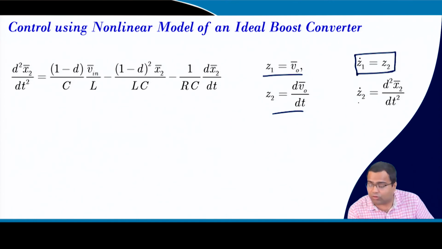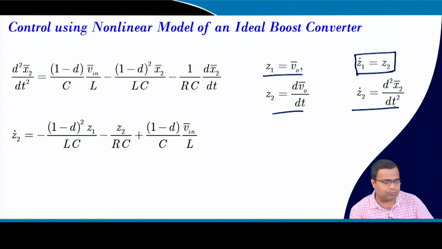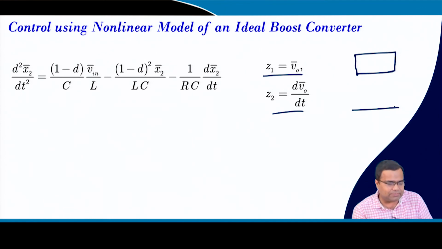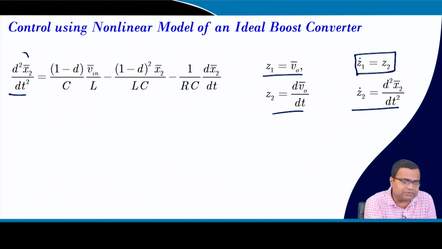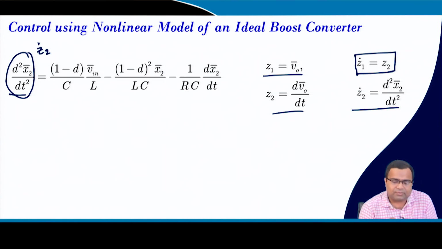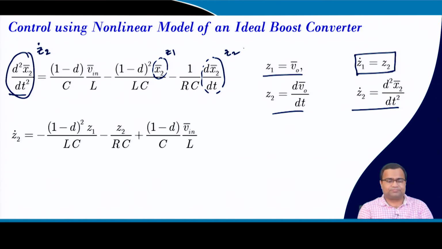But what is Z2 dot? It is nothing but the double derivative of the output voltage, and this we have just written, it is already here. So, this quantity will be replaced by Z2 dot, this quantity will be replaced by Z1, and this quantity will be replaced by Z2, and this is exactly what we wrote, after rearrangement.